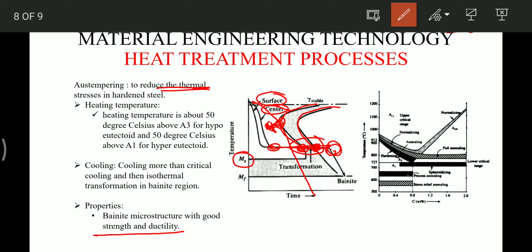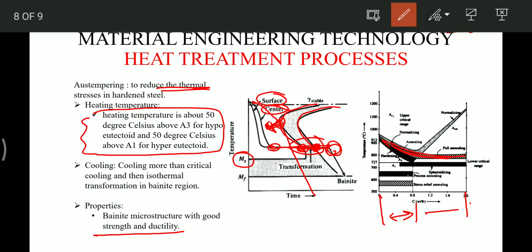The heating temperature is the same as that we used for mar tempering, that is this temperature range. For hypoeutectoid steel, it is 50 degrees above A3, and for hypereutectoid steel, it is 50 above A1. This region.